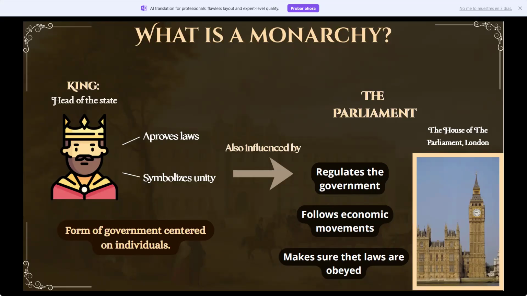Finally, the monarch cannot rule the parliament, and the parliament cannot pass laws without the monarch's formal approval. Therefore, both of them have a purpose, which is to form or create a constitutional monarchy together.